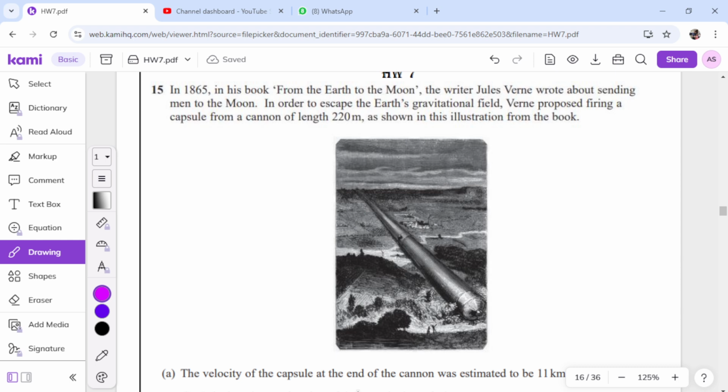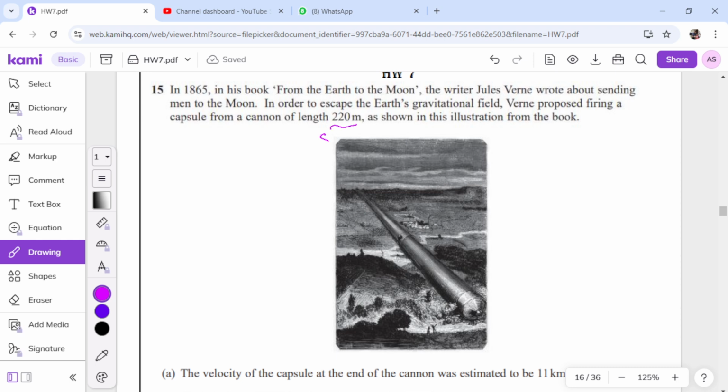In 1865, in his book From the Earth to the Moon, the writer Jules Verne wrote about sending men to the moon. In order to escape the Earth's gravitational field, he proposed firing the capsule from a cannon of length 220 meters.